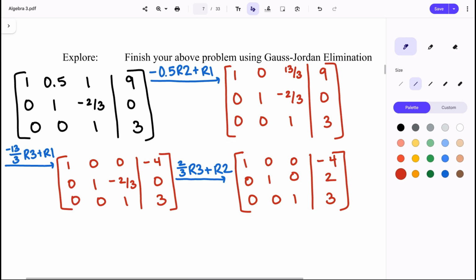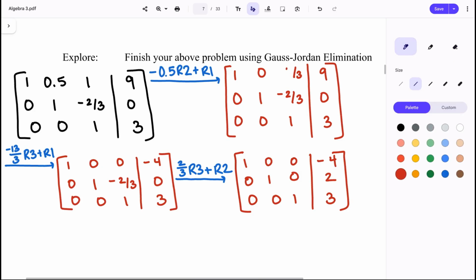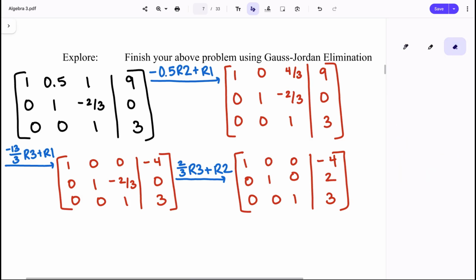Yes. It's going to be 4/3, not 13/3. So how do we get 13/3? Yeah, because negative. So this should be 4/3, not 13/3. I don't know how we got 13. Which just means I changed this number to a negative 4/3.